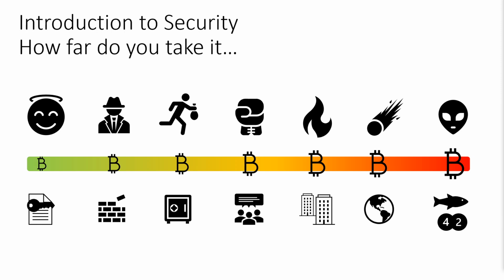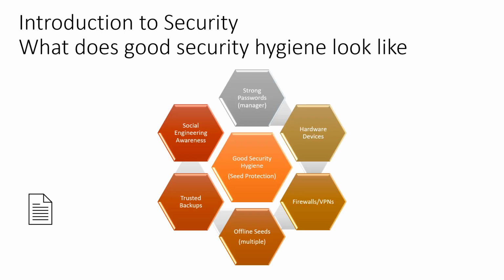So bringing all this together, once we evaluate what it is we're trying to protect against and build up all the pieces of the puzzle, what we end up with is what good security hygiene should look like. So that's strong passwords and password managers, protecting against theft or malicious intent where someone's trying to get your computer.